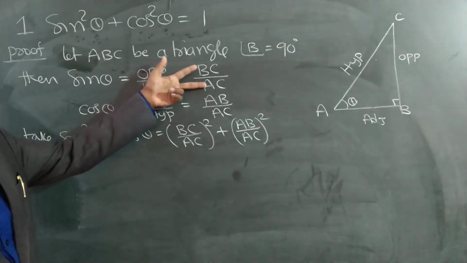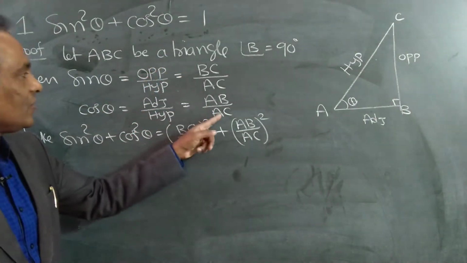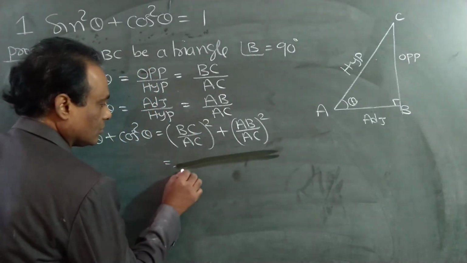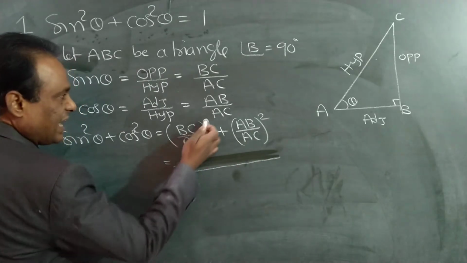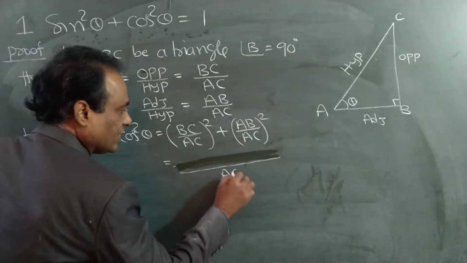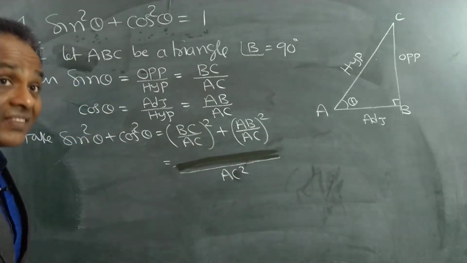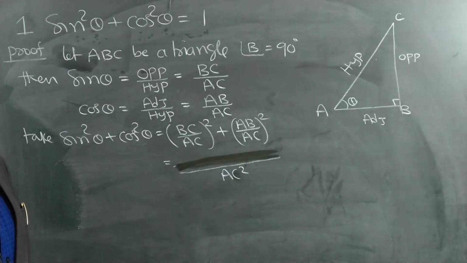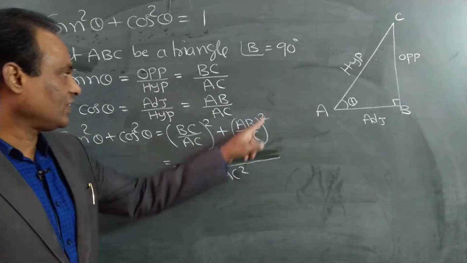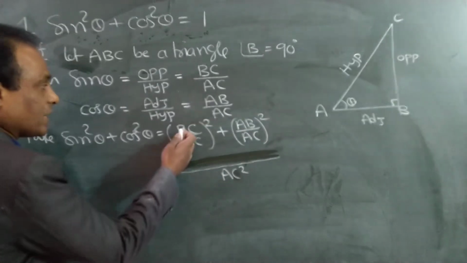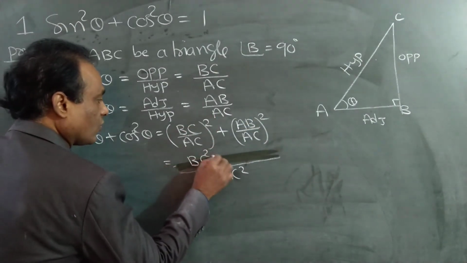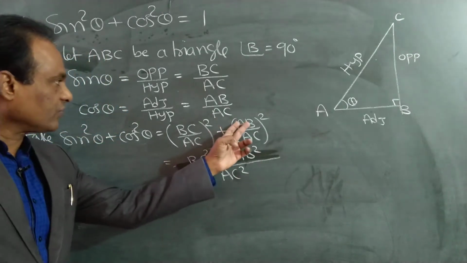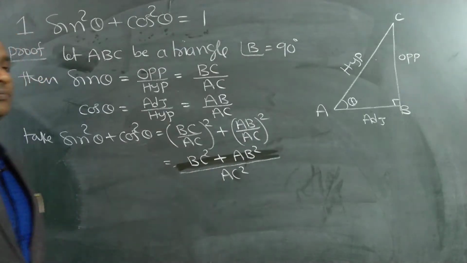Take the LCM, AC square, as the denominator. What is the numerator? BC square plus AB square.